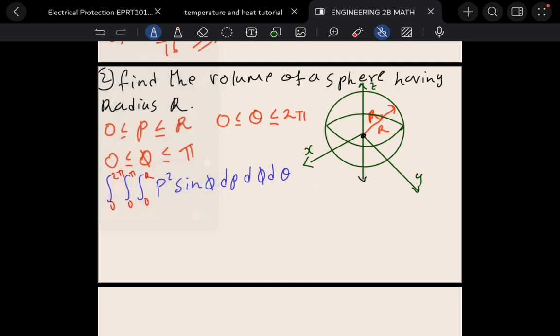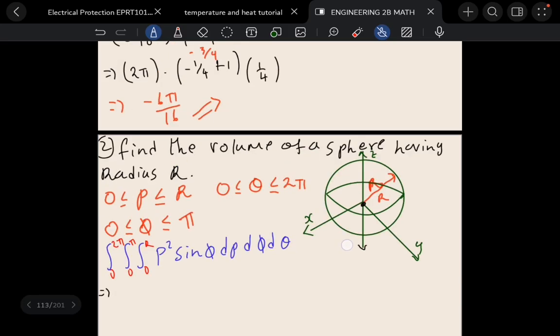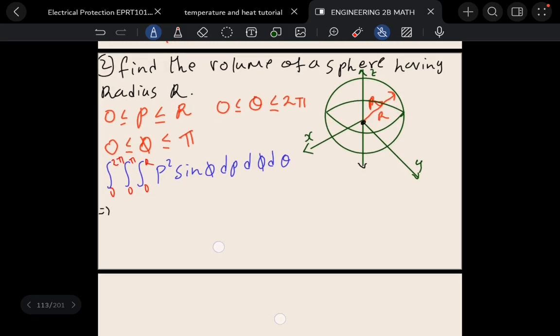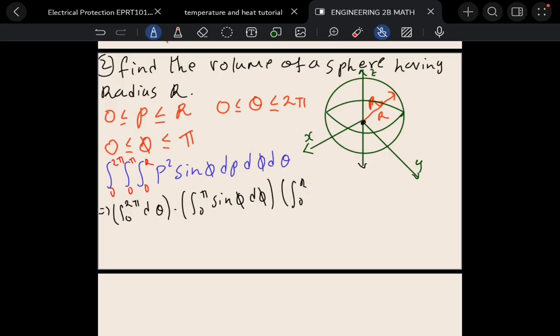If you do the calculations correctly, you do not need to do a lot of calculations, just a small number: from 0 to 2 pi d theta, since theta is not seen, 0 to pi sine phi d phi, and then 0 to r rho squared d rho. Your answer is 2 pi.